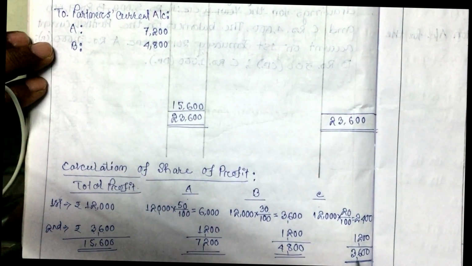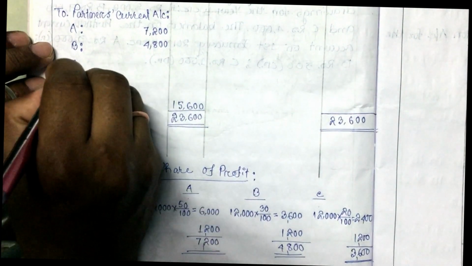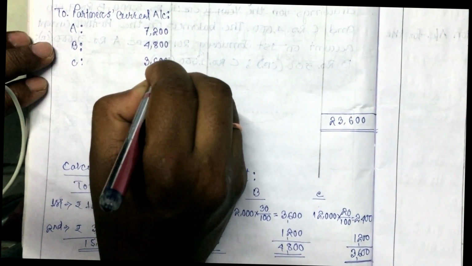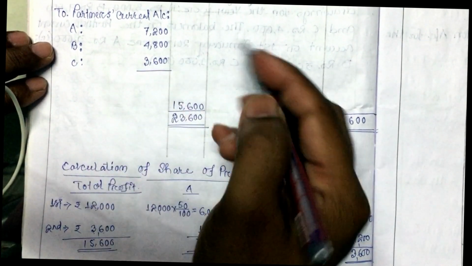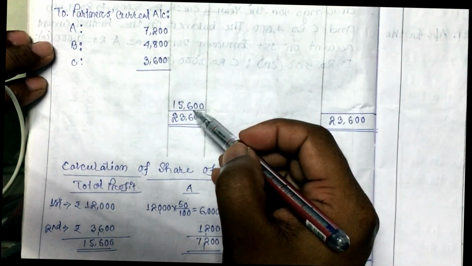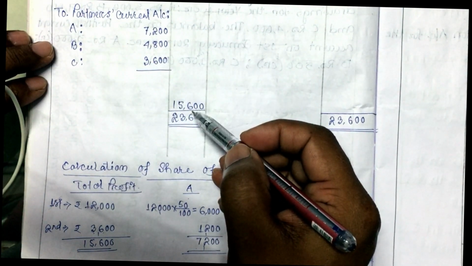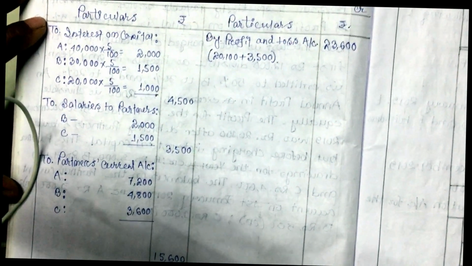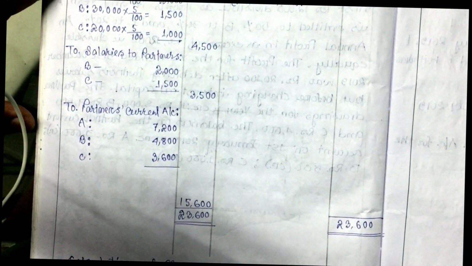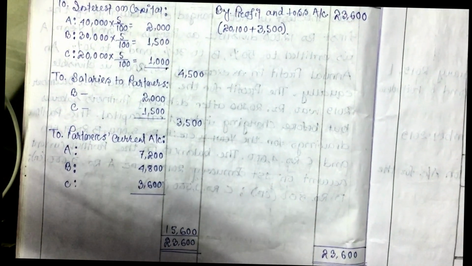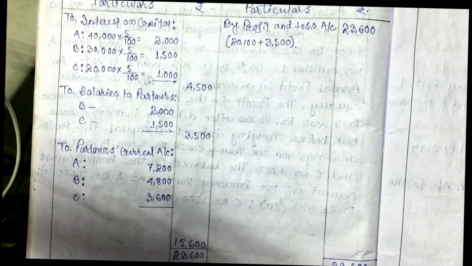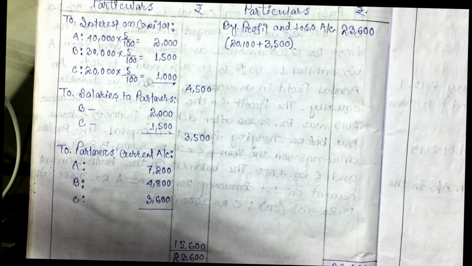And C is getting how much? 3,600 rupees. And if you sum up all this, you will get this, right? So this is how you can solve this question. Though it seems a little bit critical, if you can understand, then treatments are not different from a basic typical profit and loss appropriation question.